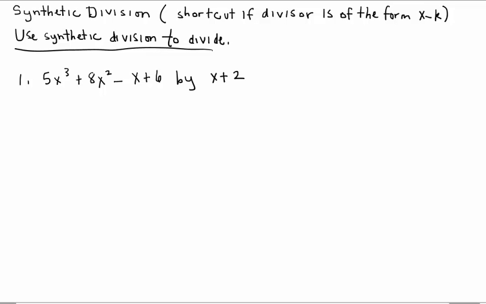If you don't remember the synthetic division shortcut, you can always do polynomial long division, but it might be in your best interest to see if you can memorize the shortcut.